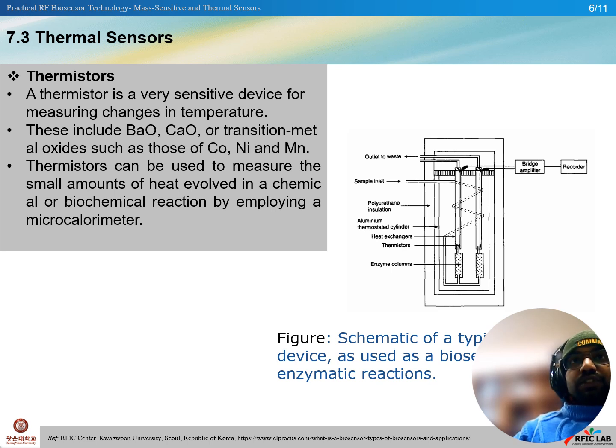These include boron oxide, calcium oxide, or a transition metal oxide such as copper, nickel, cobalt. A thermistor can be used to measure the small amount of heat involved in a chemical or biochemical reaction by employing a microcalorimeter. On the left hand side we can see the schematic diagram of a thermistor device.